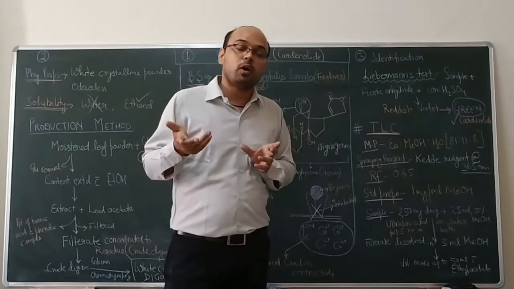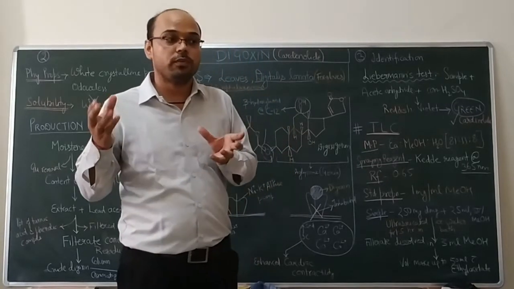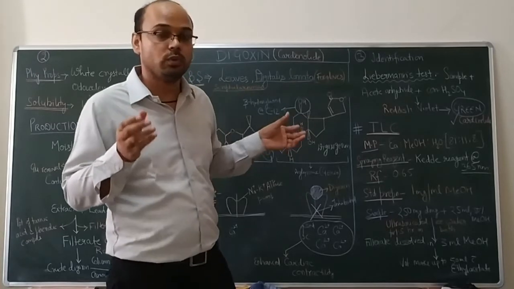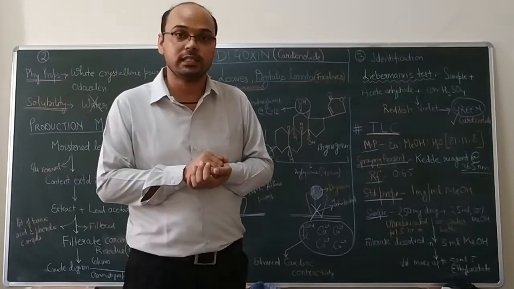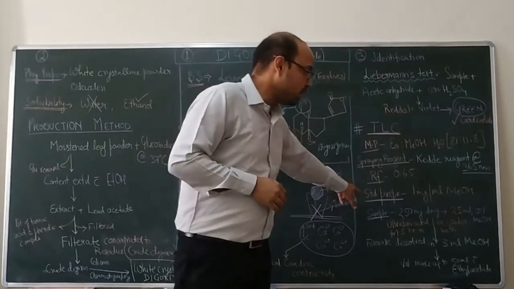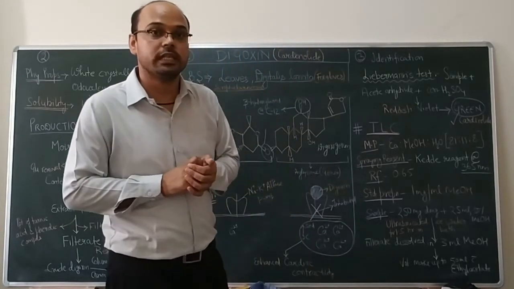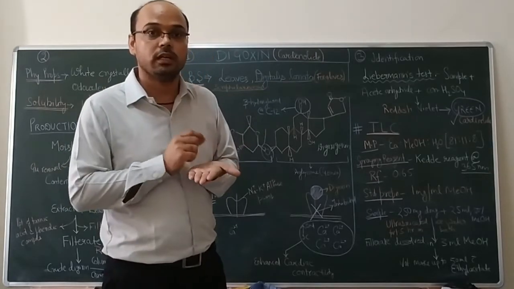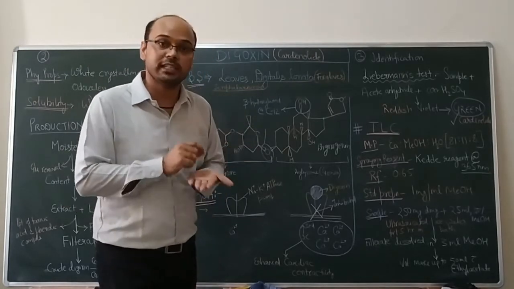There is a method for preparation of the sample and the standard, which we have used in the development of the TLC chromatogram. We prepared the standard by dissolving 1 mg of digoxin in 1 ml of methanol, and applied the spot using a syringe on the TLC plate.